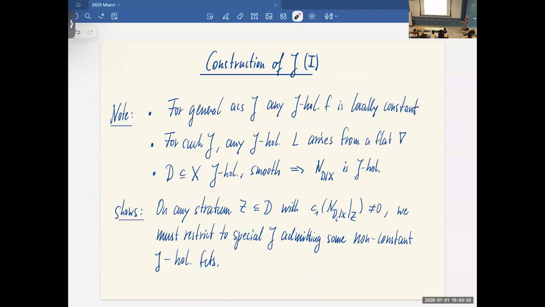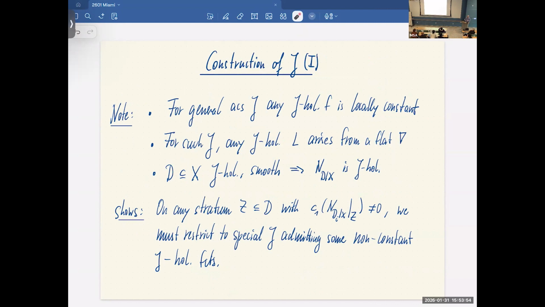So now I want to spend maybe three slides to give you an idea why you should believe the result. I already mentioned that for general almost complex structures, any J-holomorphic function is locally constant. And for such J, any J-holomorphic line bundle L arises from a flat connection.